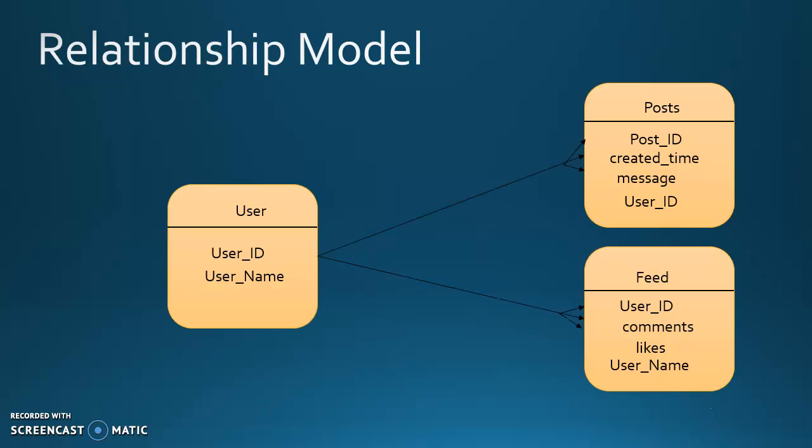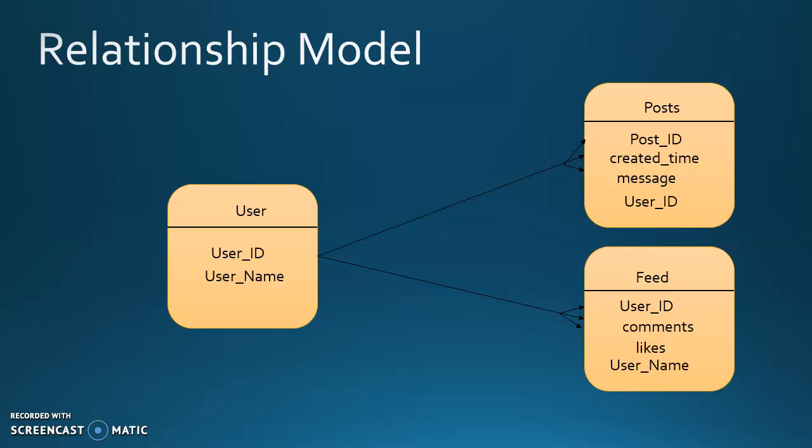And coming to this relationship model, a relationship model usually shows a relationship between the data. That is, how the entities in a relational database are connected to each other. Here we have three main entities: user, post, and feed.